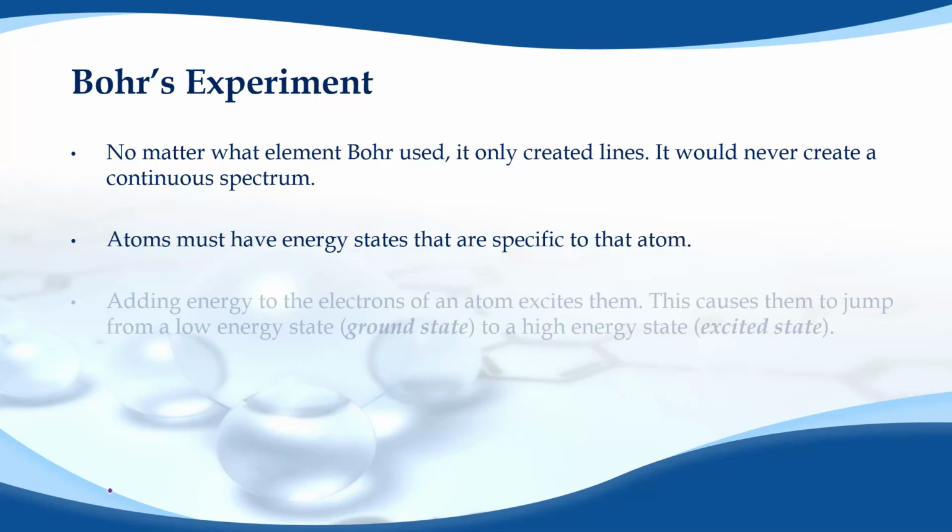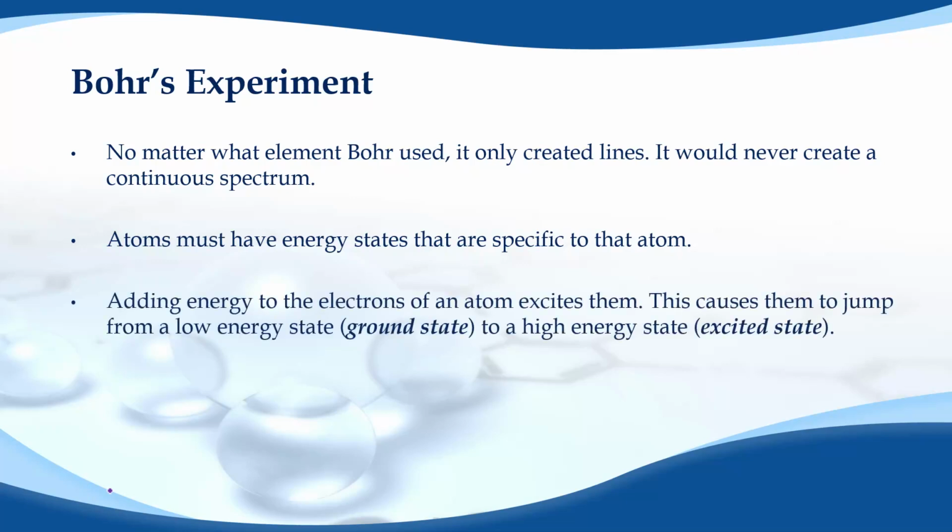Electrons normally exist in what we call a ground state, which is a low energy state. If you add energy to them, for example, if you pass electricity through them, which is what Bohr did, or if you light them on fire, which is what we're going to do in the lab, then you will raise them to a higher energy state, which is called an excited state.